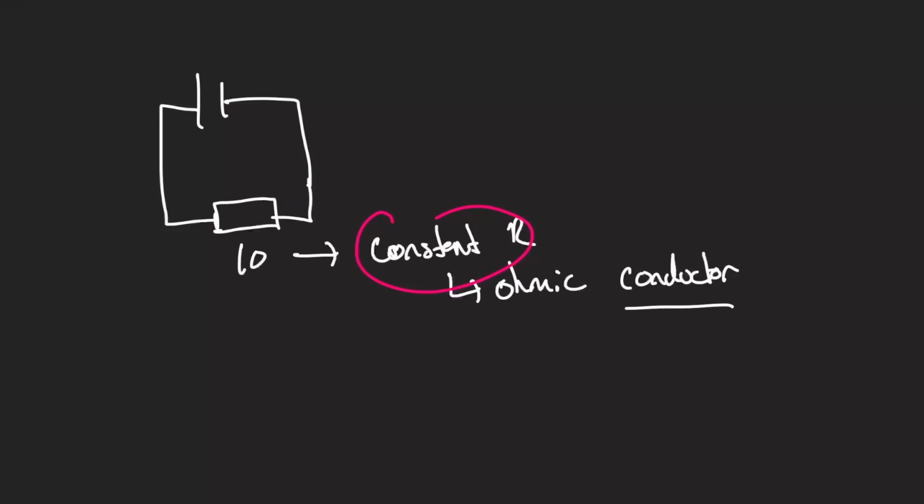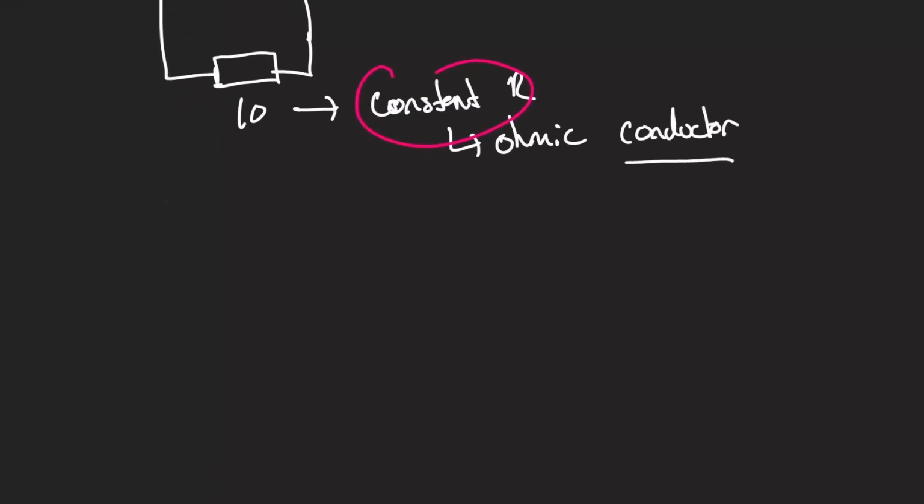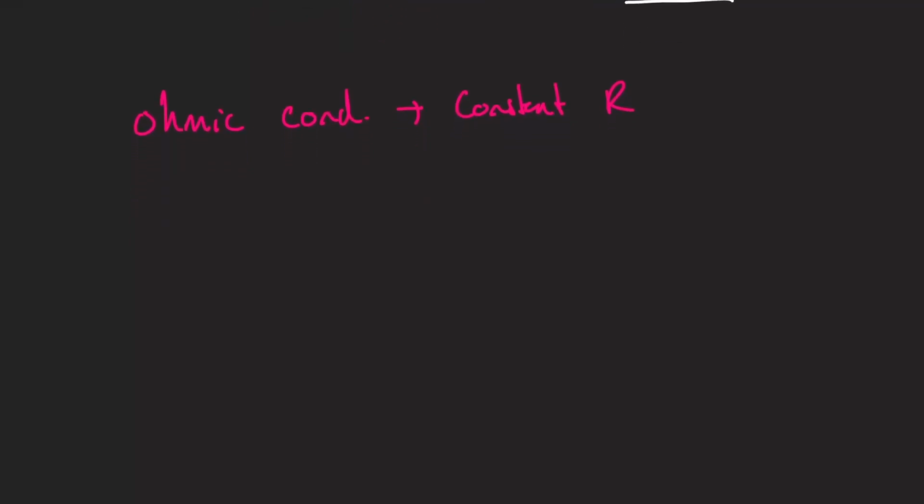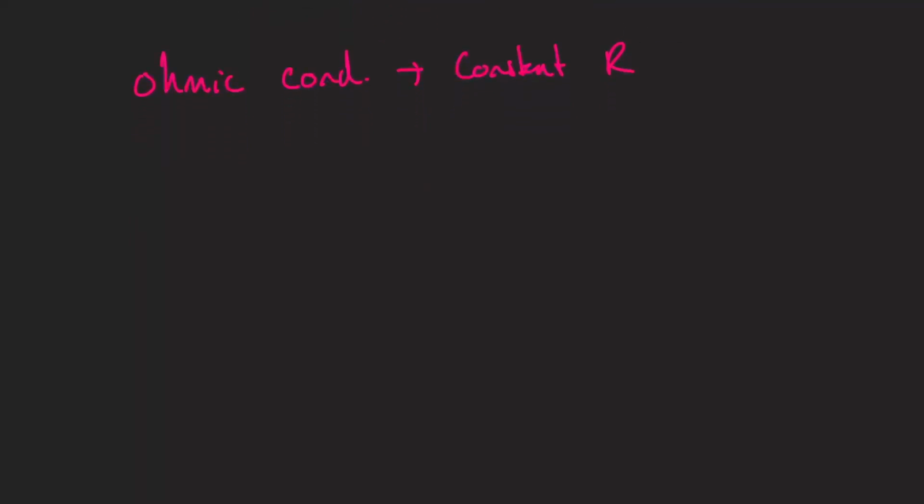However, there are some components, including some different types of resistors, where the resistance is actually not constant. So let's compare a couple of scenarios. Because we said we have an ohmic conductor over here, what that means is that you have a constant R, so constant resistance. Those are basically interchangeable. An ohmic conductor is something that has a constant resistance.